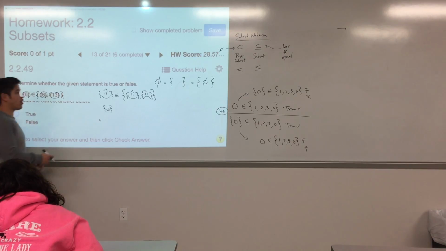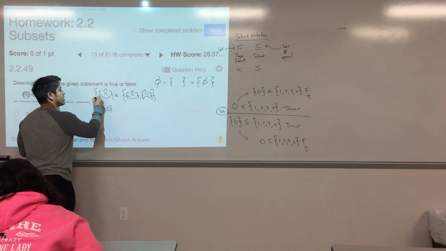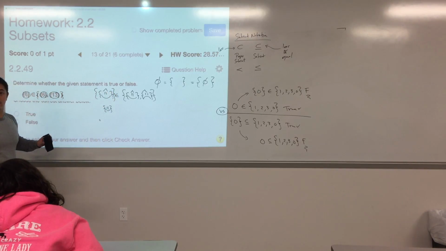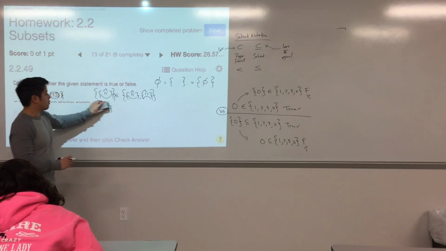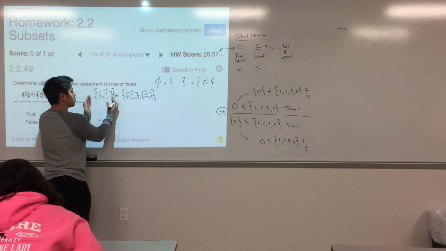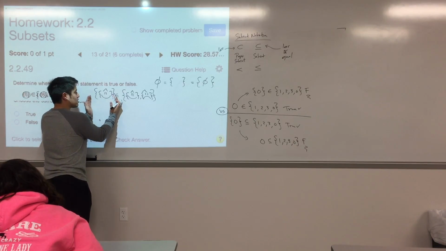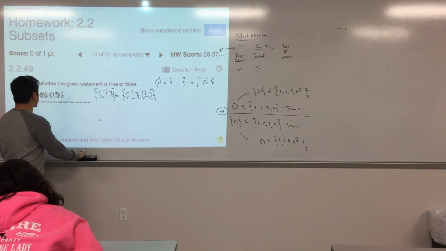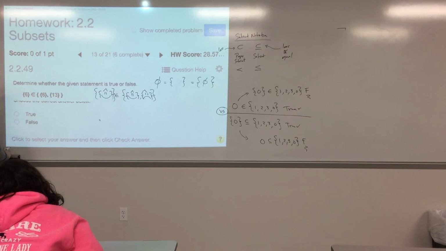Now, let me ask you a follow-up question. What if I did a double round here? Now it would be false. Does that make sense, guys? Why? Because the first round is just decorative, but the moment I do another round of it, I'm now saying this is a set consisting of that element. Does that make sense? Okay, so this problem is true.